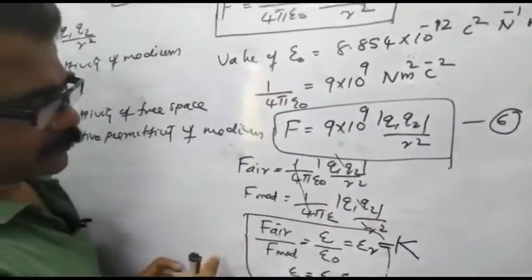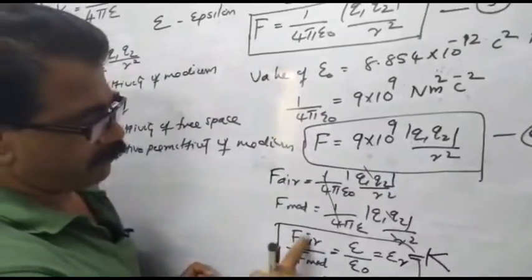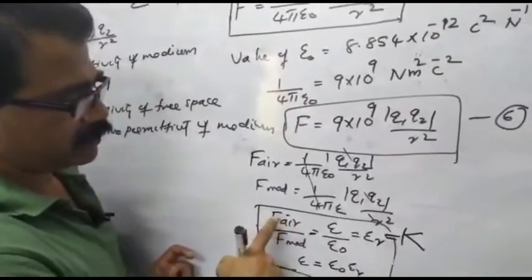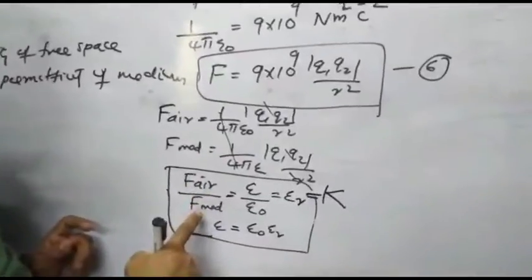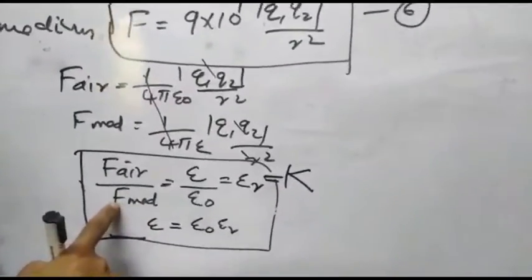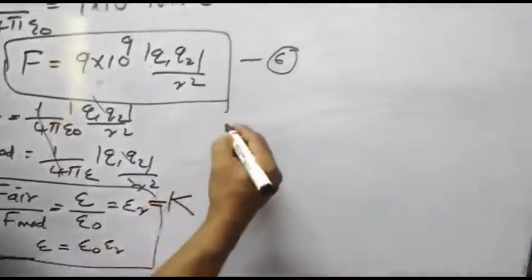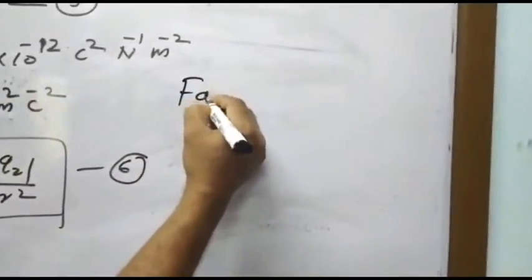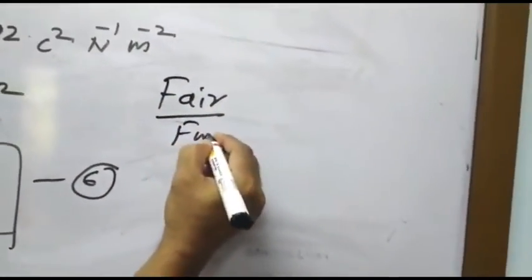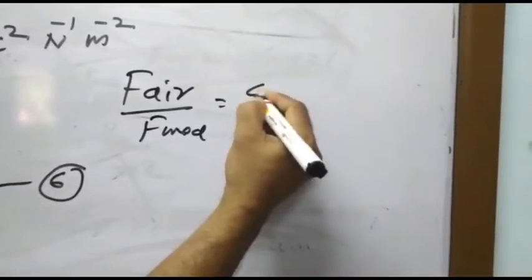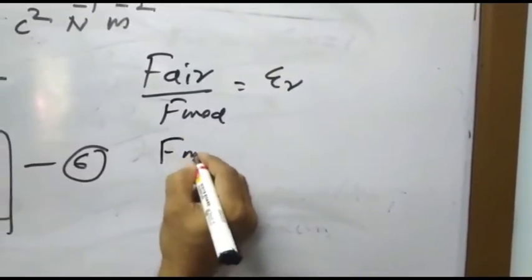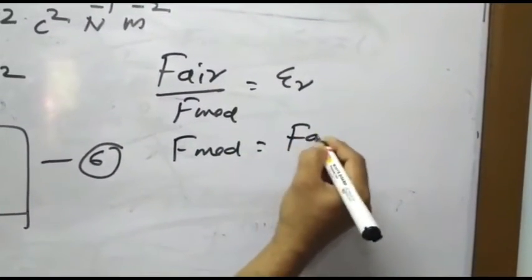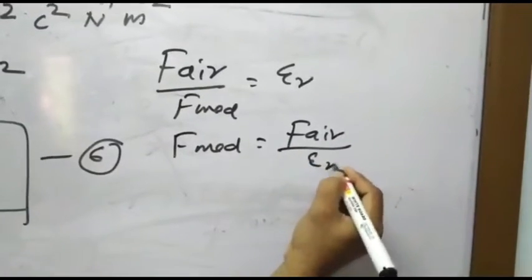In this case, F air, when the charges are placed in air, divided by F medium, when the charges are placed in a medium, is equal to epsilon r. Therefore, F air by F medium equal to epsilon r, or F medium is equal to F air by epsilon r.